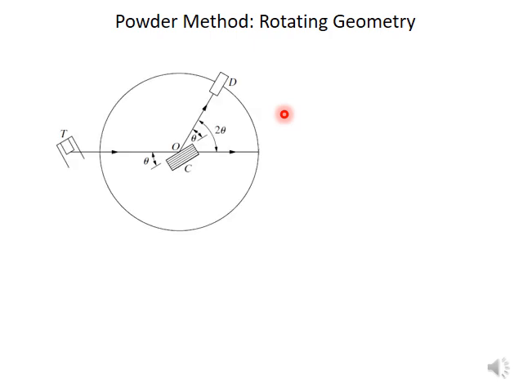Another experimental geometry to detect scattering or diffraction from a powder sample, which contains many crystallites, is that of a rotating geometry method. It creates data exactly like that of Debye-Scherrer data, but the experimental setup is slightly different.